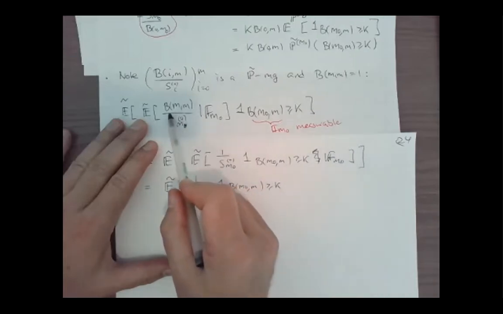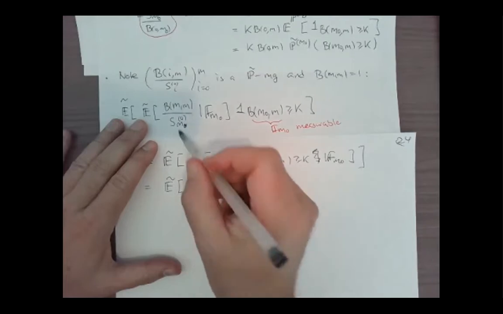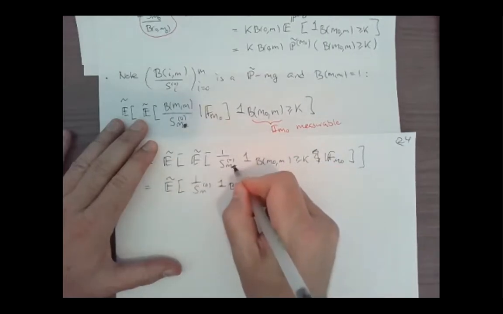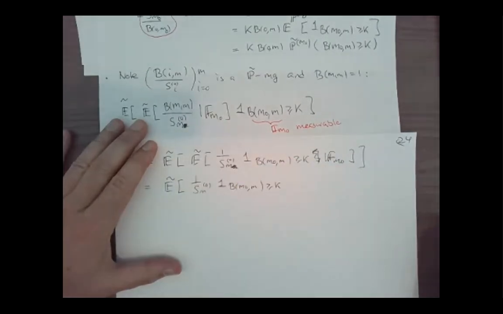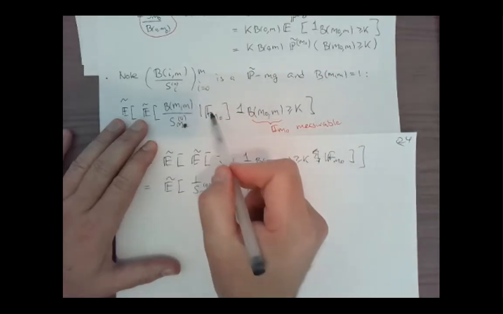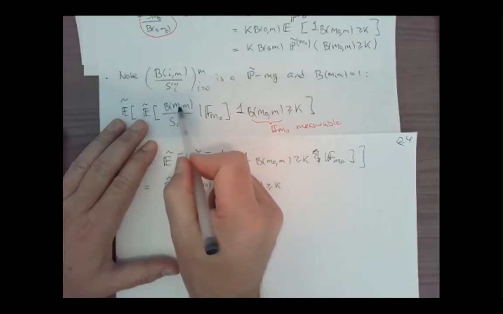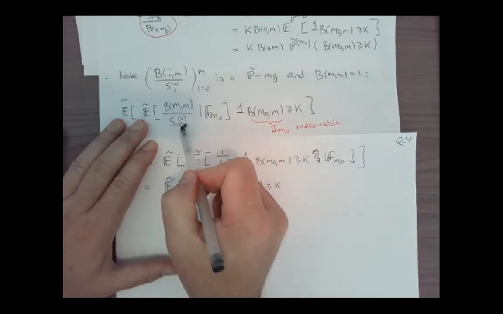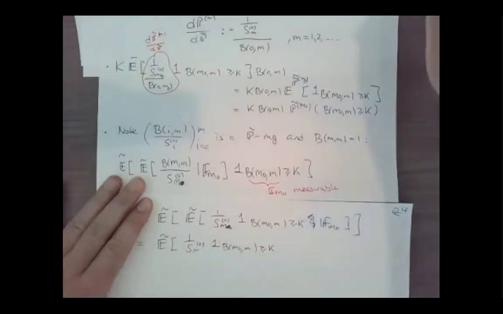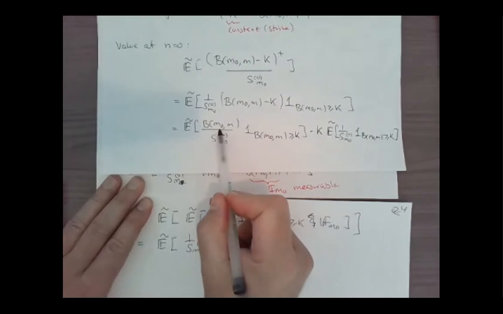Gotta be careful with these indices. This condition here, this is a martingale, there should be no 0 here. So use the martingale property. When I condition here on M0, I'm going to get exactly what I have in here, but with M0 here and M0 here, and M0 here and M0 here. That's good.